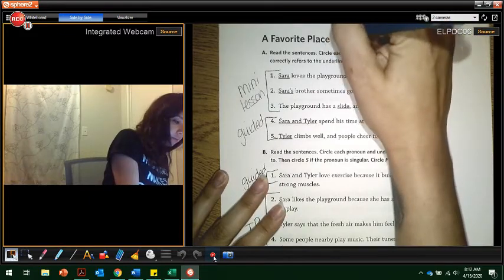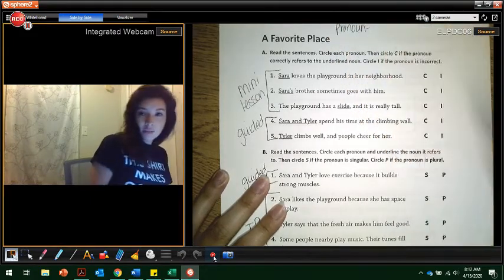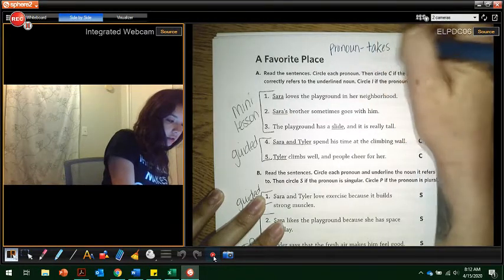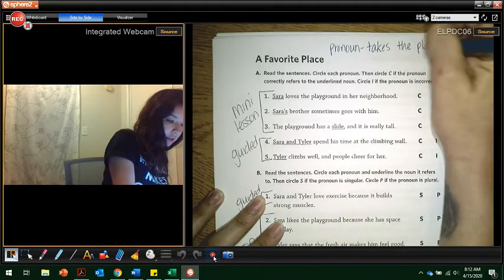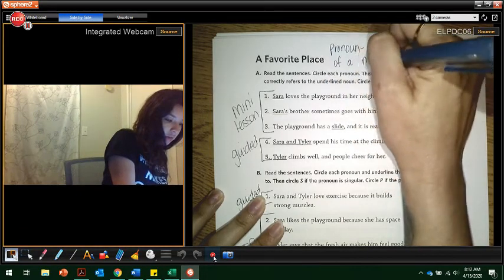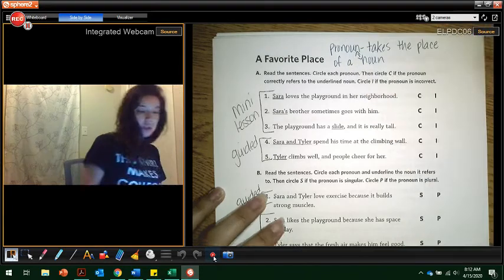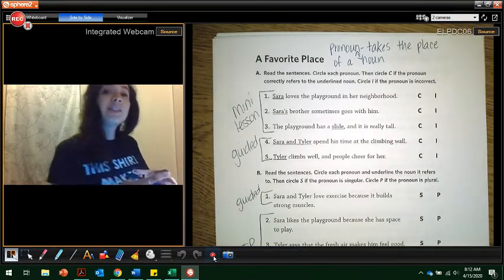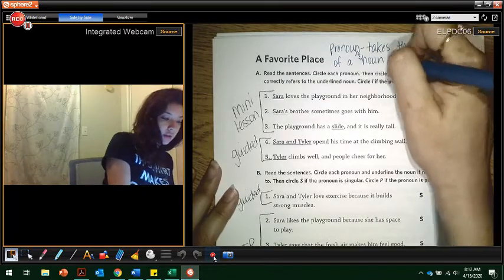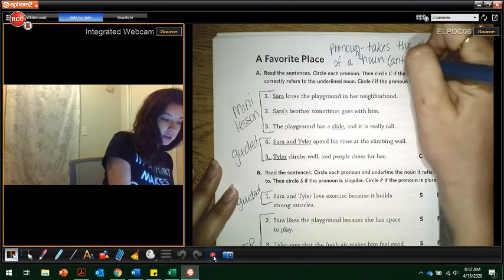So let's review. A pronoun takes the place of a noun. So between these two, there has to be some agreement. Now, the fancy word would be antecedent.